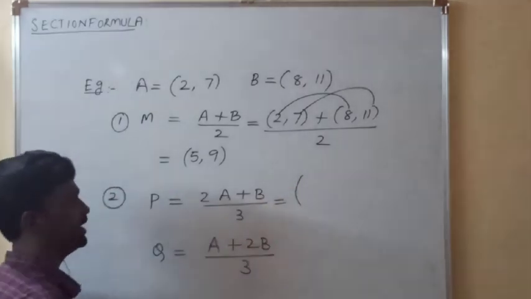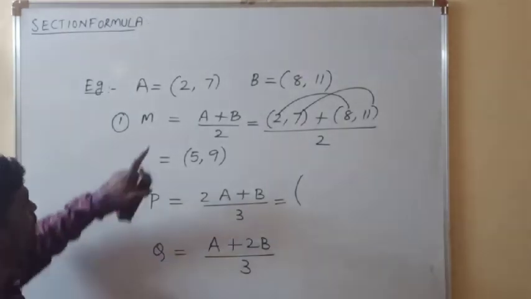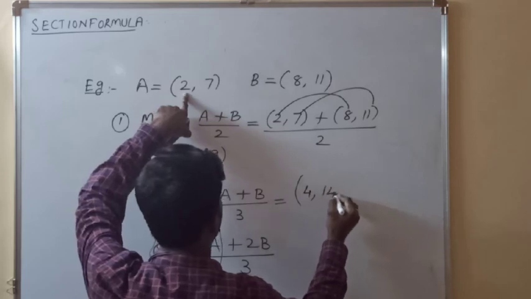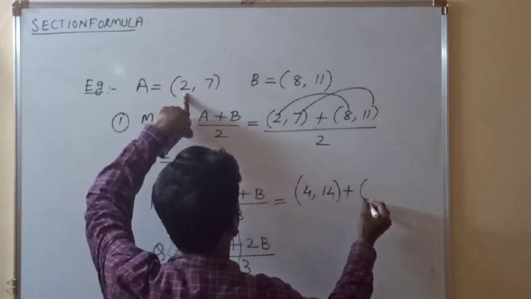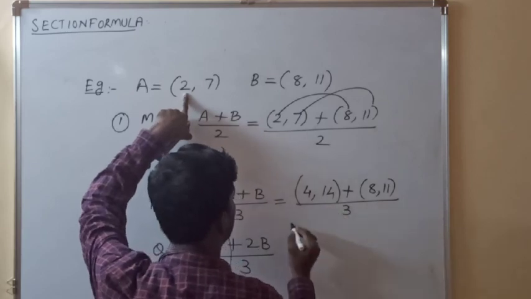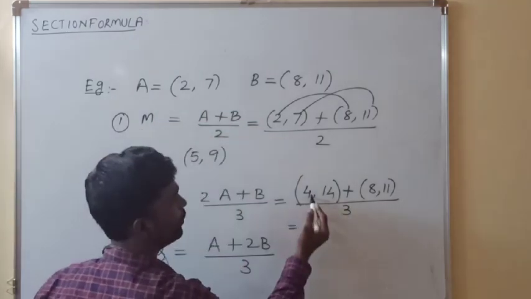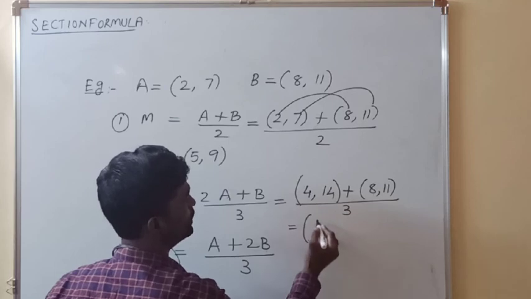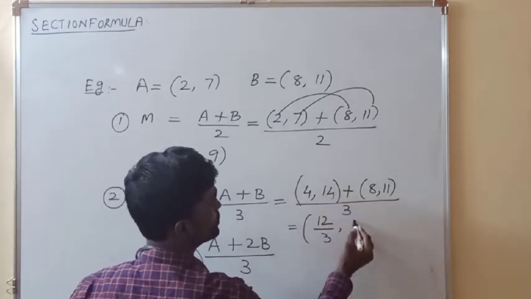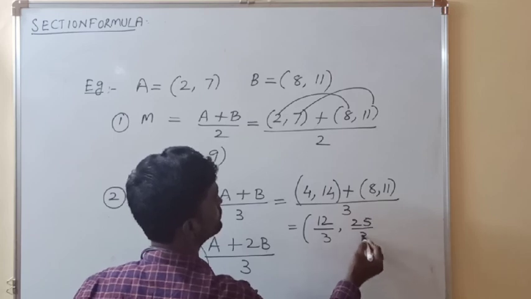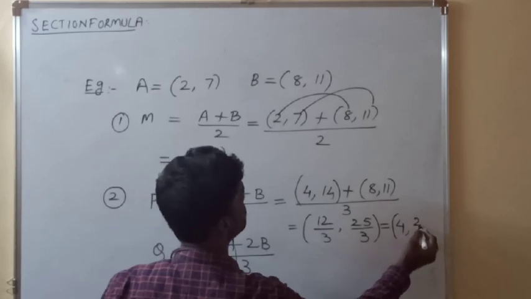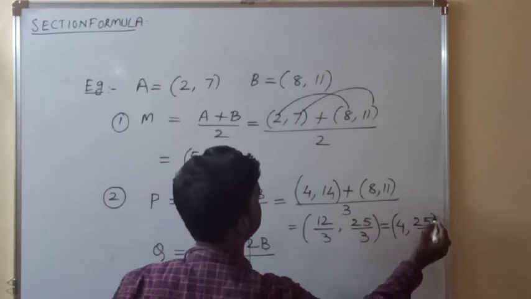So I am going to write directly. 2A, if you multiply with 2, you get (4, 14), plus B (8, 11), divided by 3. That is equal to 4 plus 8, 12 by 3, 14 plus 11, 25 by 3. So further this can be written as 12 by 3 is 4, 25 by 3.